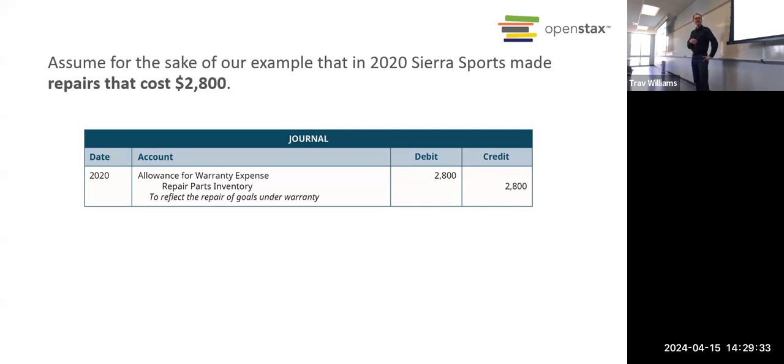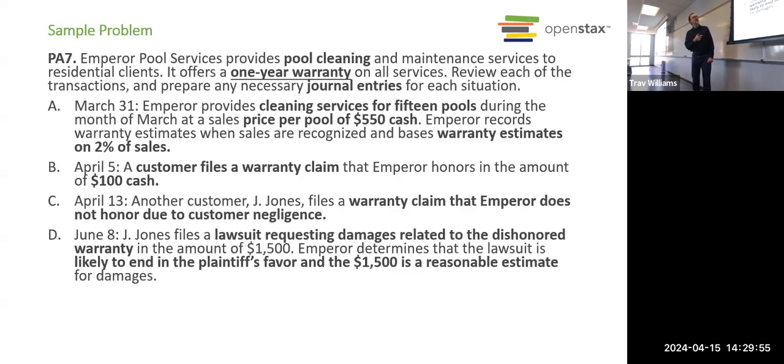So it's gone down. And in this case, the expense was they used some of their inventory to repair the goals. So it turned out to be a $2,800 credit of their repair parts inventory. In other cases, they might credit a different account. So it just depends. Oh, and here we have a problem.